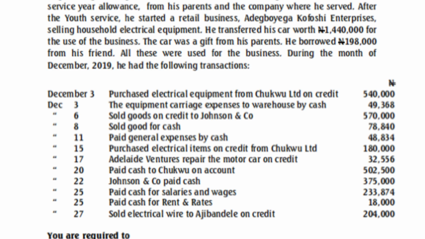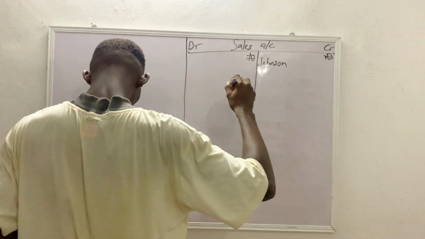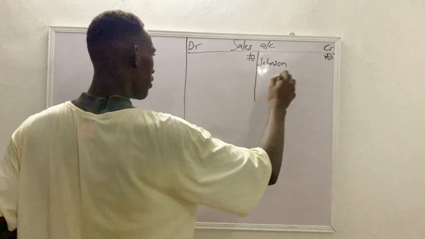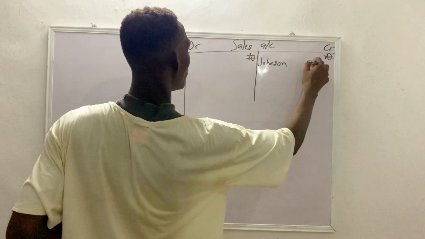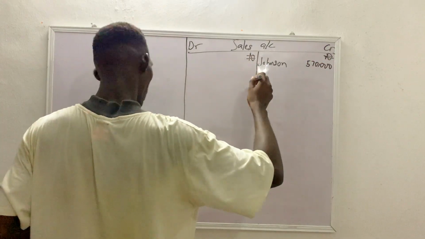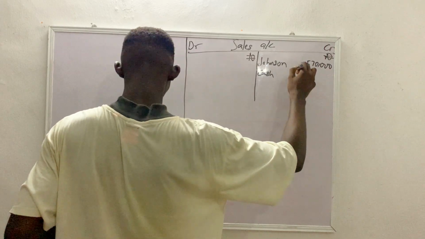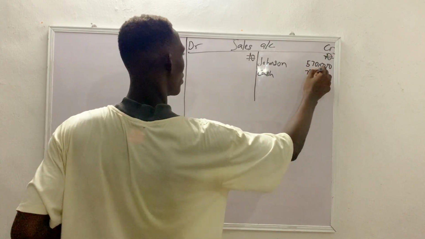On the 6th of December, Johnson and Co. bought goods worth 570,000 naira. Then we also sold goods on cash on the 8th of December. So we got cash sales of 78,840.